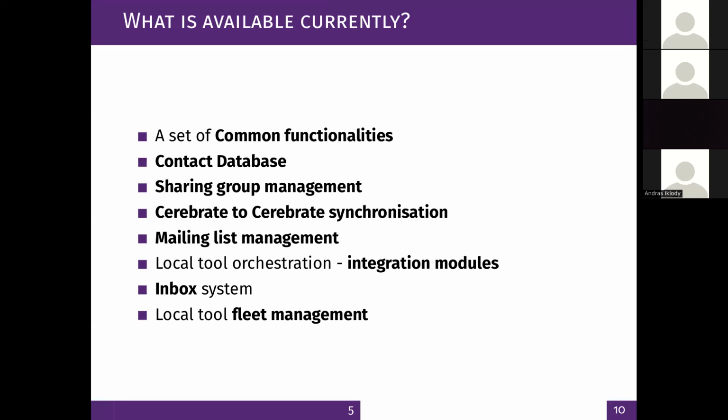First of all, we're going to be looking briefly at a set of common functionalities that govern Cerebrate, followed by the different subsystems within the contact database, sharing group management, as well as the interconnection from Cerebrate to Cerebrate, and then the mailing list management, and finally integration modules, inbox system, and the fleet management components. Those deal more with the module systems of Cerebrate. So next slide, please.